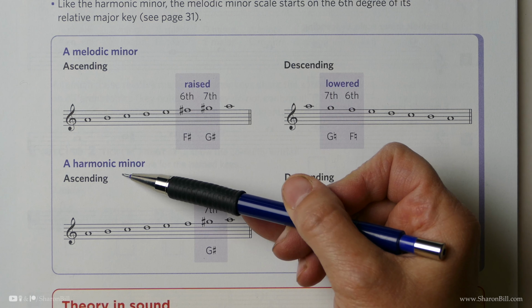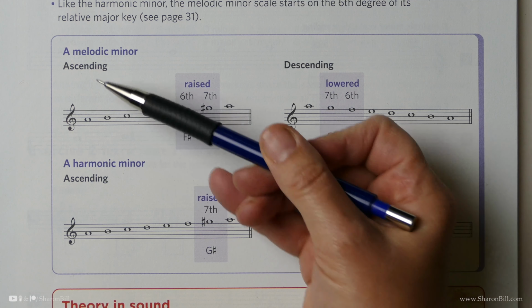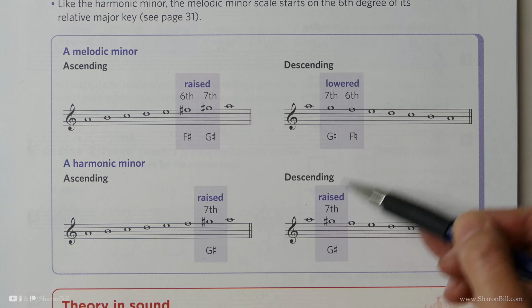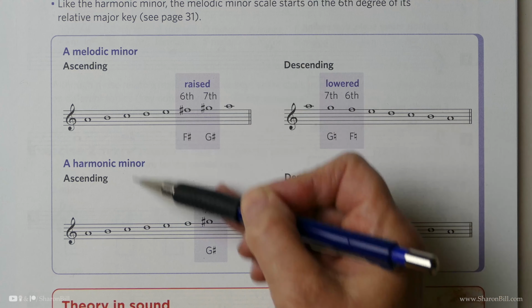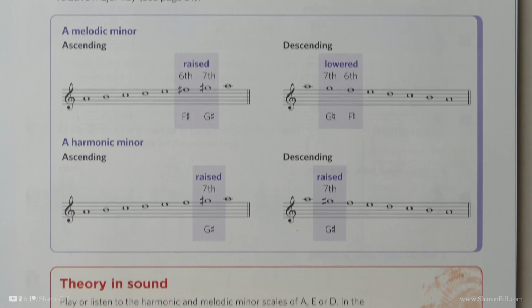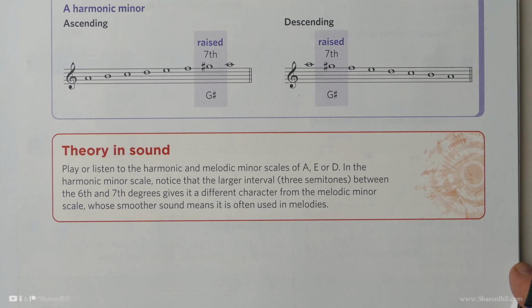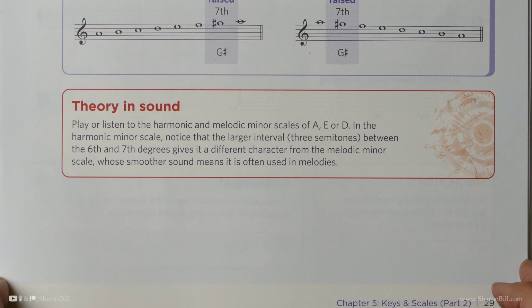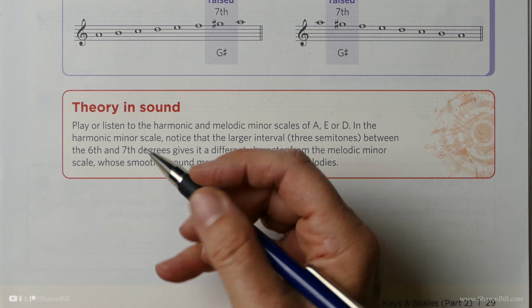So we still need to remember the harmonic minor scale, but we now have the melodic minor scale. Before we look at these scales on the stave, I think it's more helpful first of all to think of it in list form. So I'll just give you the basic steps for constructing each scale.